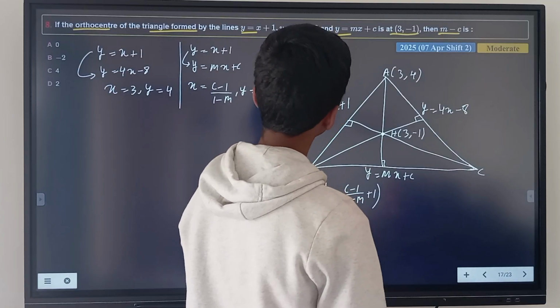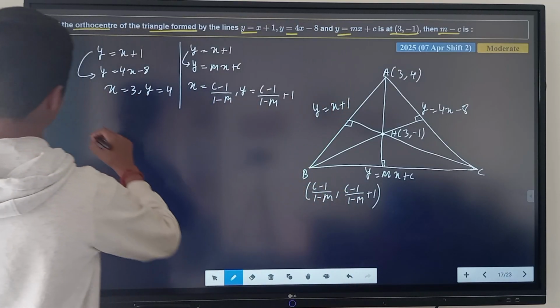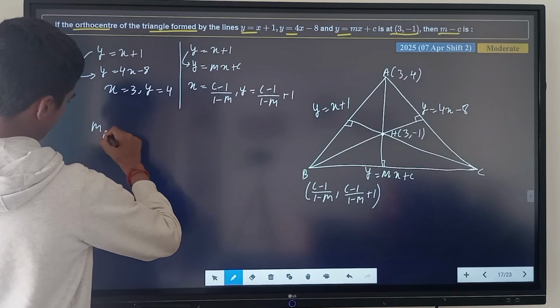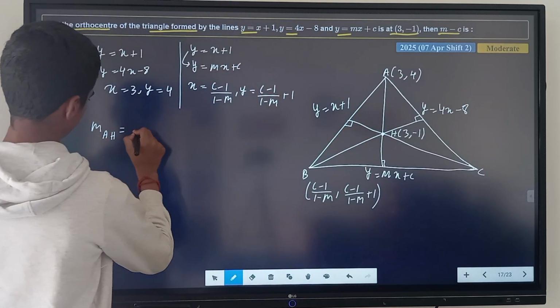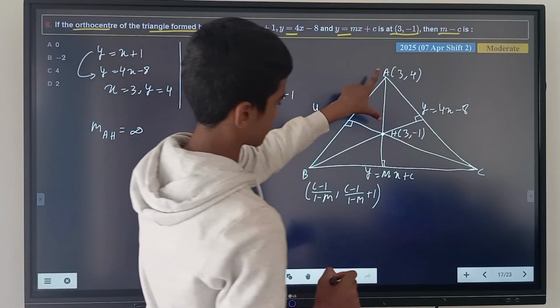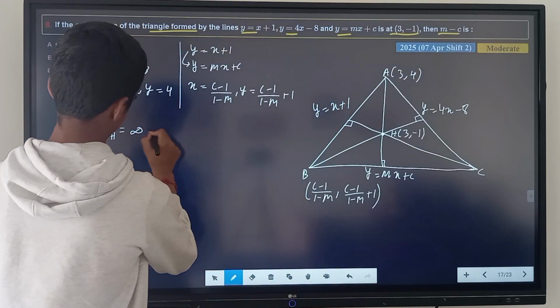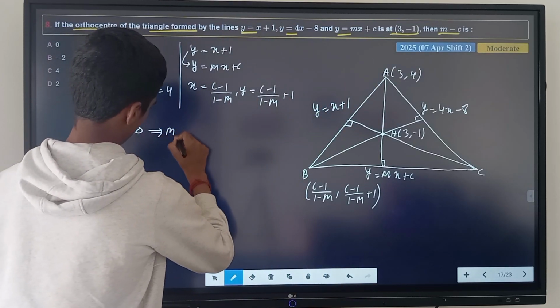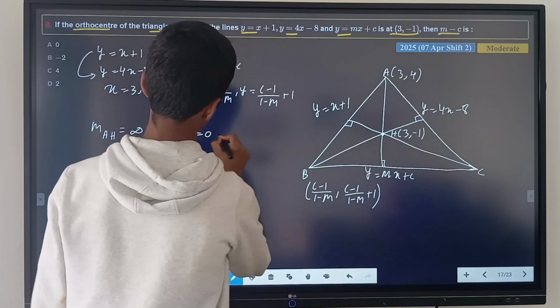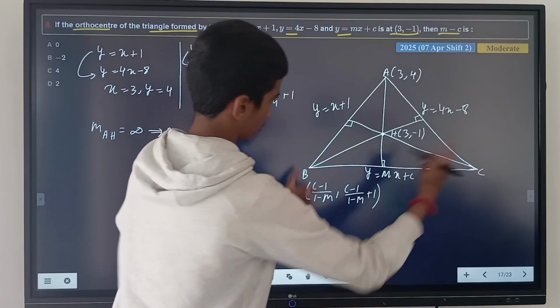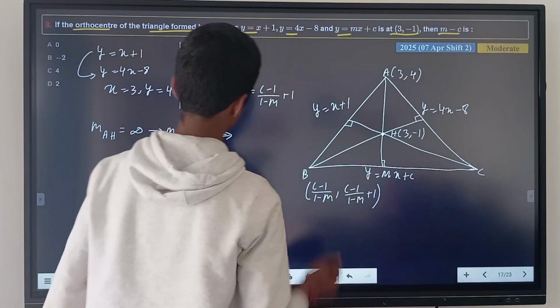Now first our slope of AH will be 5 upon 0, infinity. If slope of AH is infinity, then from here we can say that slope of BC is equal to 0. If slope of BC is equal to 0, from here we can see slope of BC is m, and m is equal to 0.